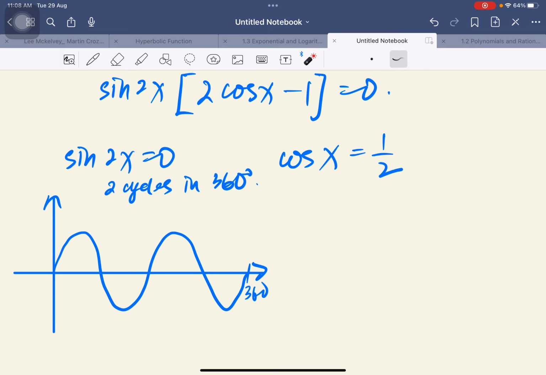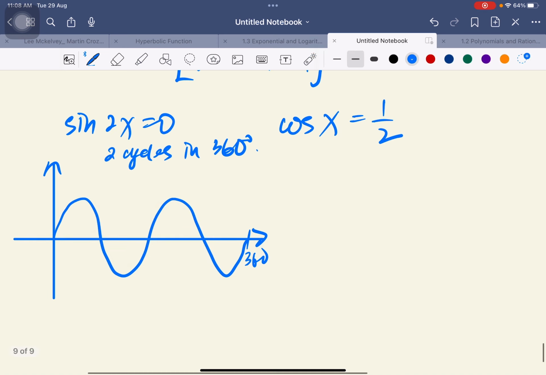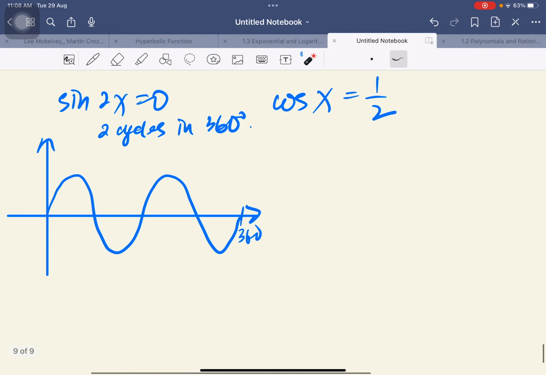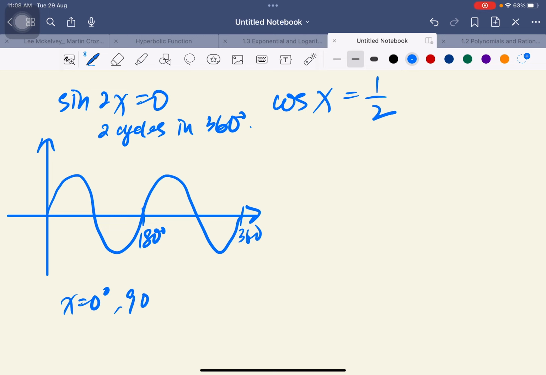But right now we are using 0 to 180. Sine 2x equals 0 is at here, here, here, here, and here. But we only want 0 to 180, so the ones after 180 we ignore. So we take 0, 90, and 180.